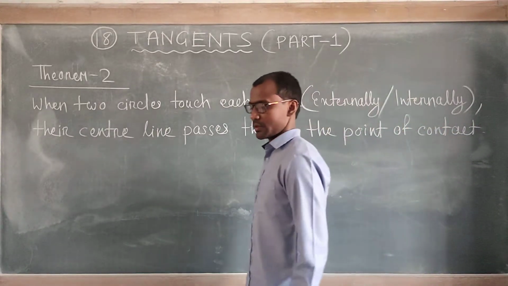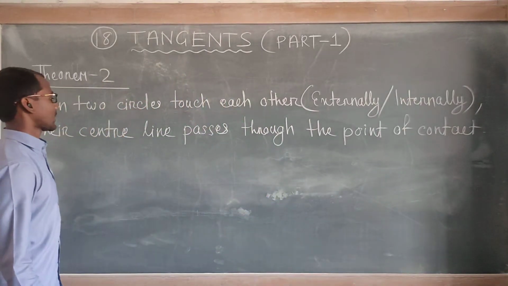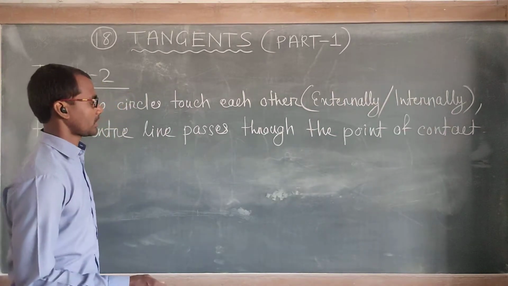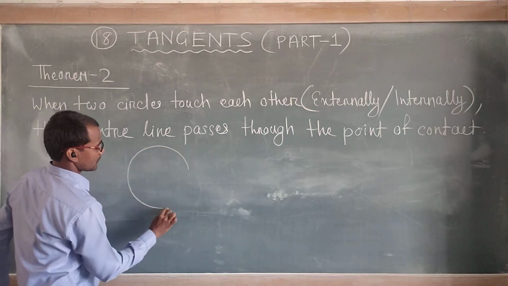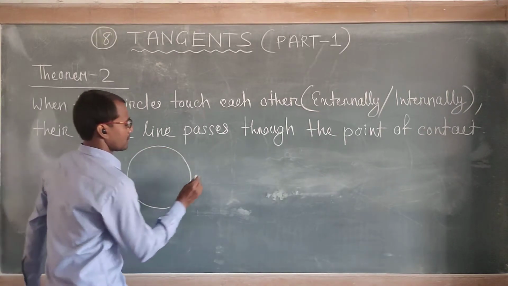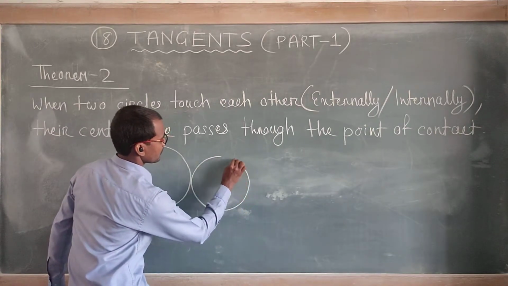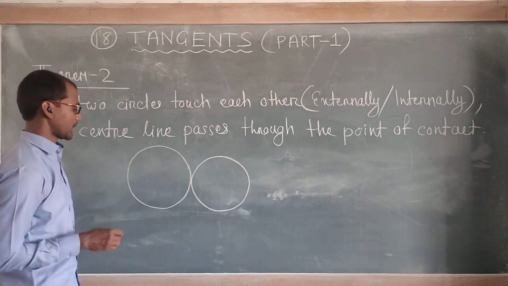When two circles touch each other, it may be externally, it may be internally, doesn't matter, but the central line will pass through the point of contact. I am drawing a diagram to explain this. This is one circle, this is another circle. They are touching each other externally.